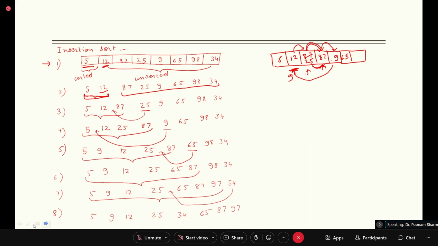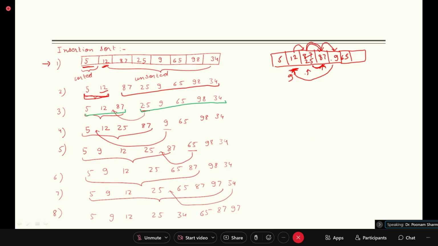Now, what will happen in the next step? Next value will come. What is the next value? 87 is there. Then 87 is also at the proper location because 87 is greater than 12 and already we have sorted this one. So if it is greater than 12, this means that all three are sorted and these are unsorted.